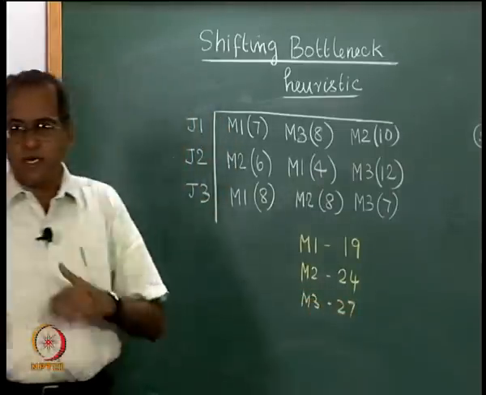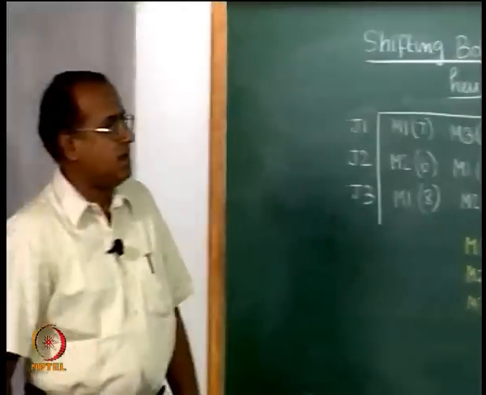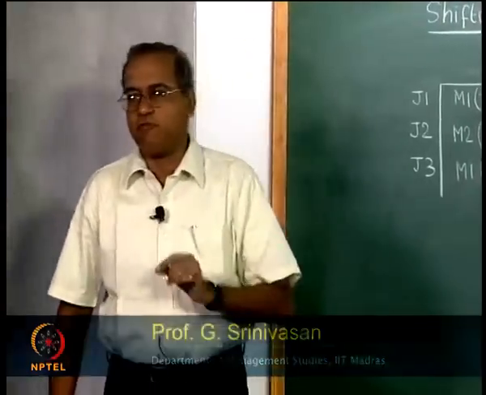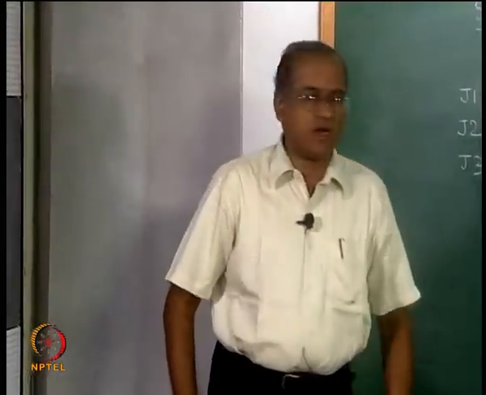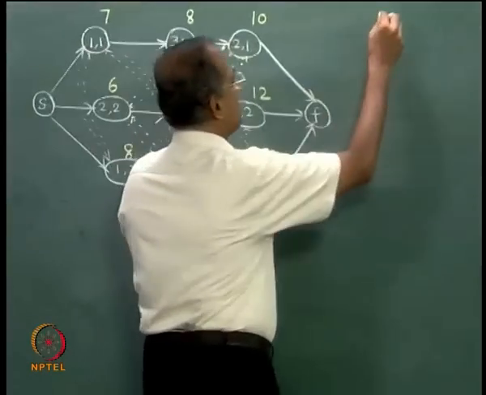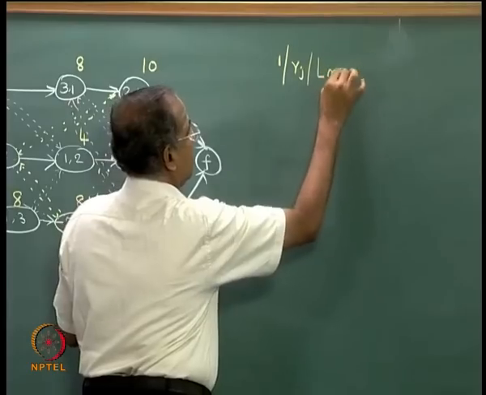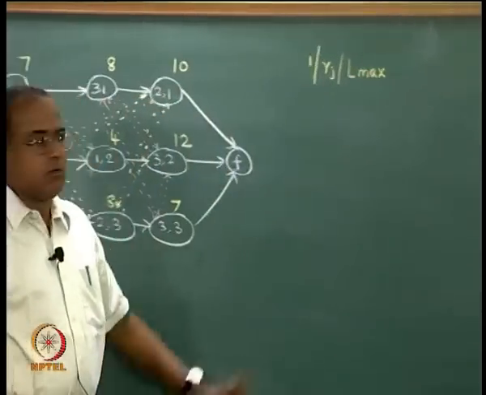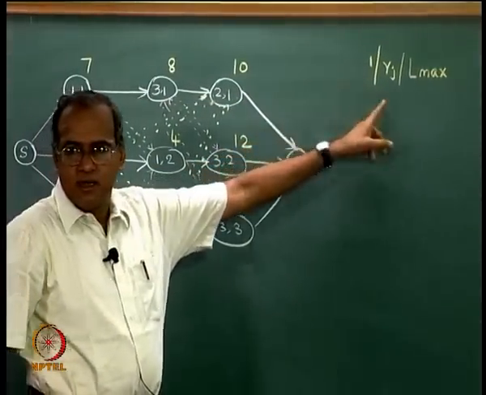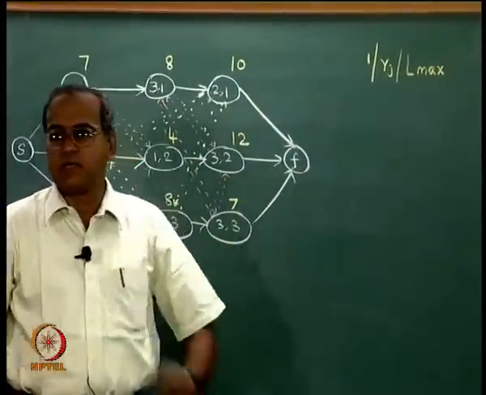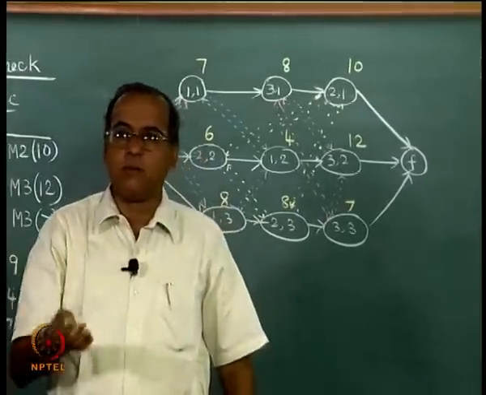So we took M3 as the first bottleneck machine, and then we solved a 1 | rj | Lmax problem, which means the problem of minimizing the maximum tardiness on a single machine with release times. So 1 | rj | Lmax on M3, where 1 represents a single processor, rj means release times for job j, and Lmax means the maximum tardiness that we wish to minimize.